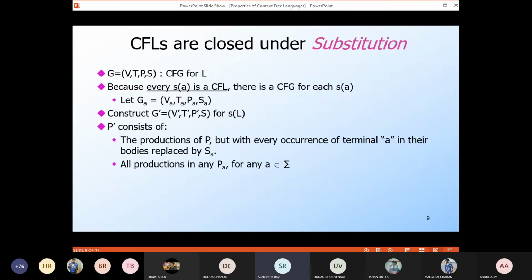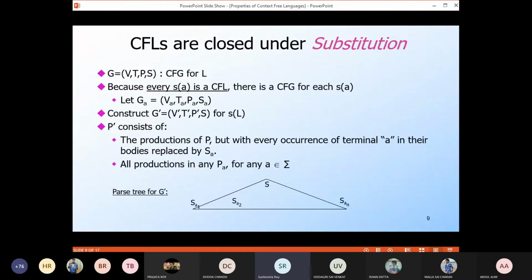If we call G the original grammar, all the productions of this original grammar will be here, replacing the terminal symbols on right hand sides. All the productions of the n substituting grammars will be here as they are. And how do we produce the strings of the substituted language now?